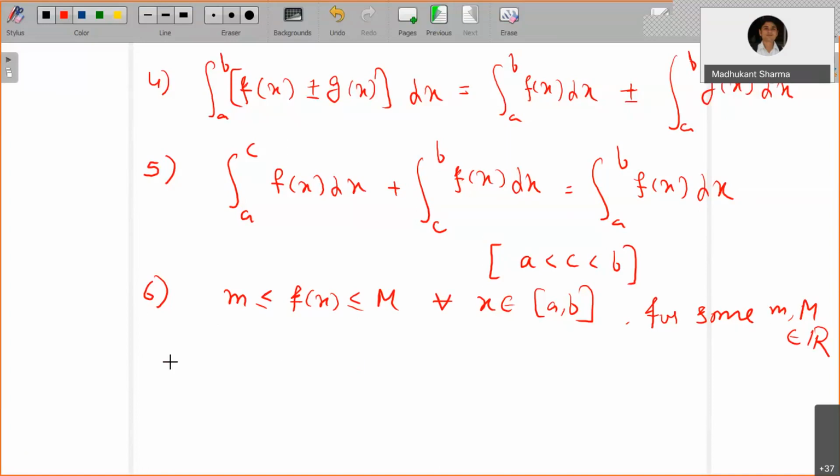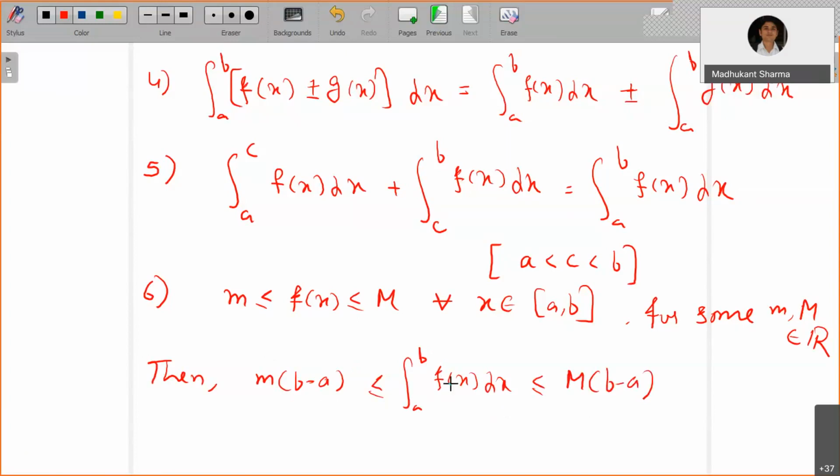Then we have also shown that m times b minus a is less than or equal to integration a to b f of x dx, which is less than or equal to capital M times b minus a.